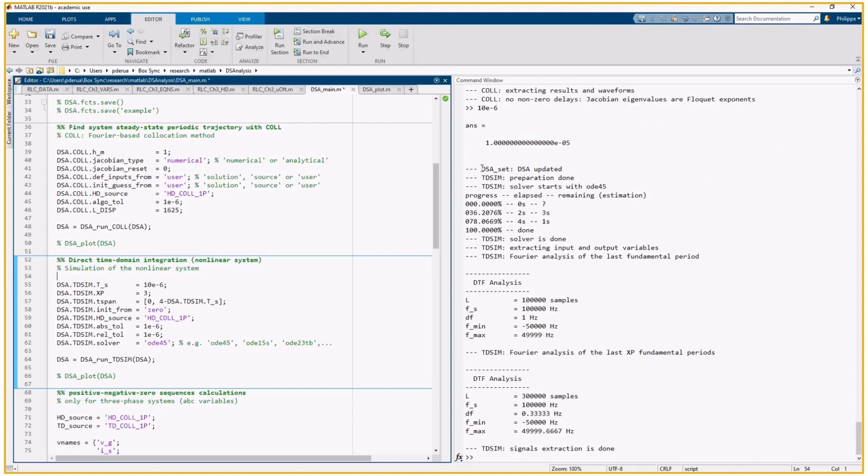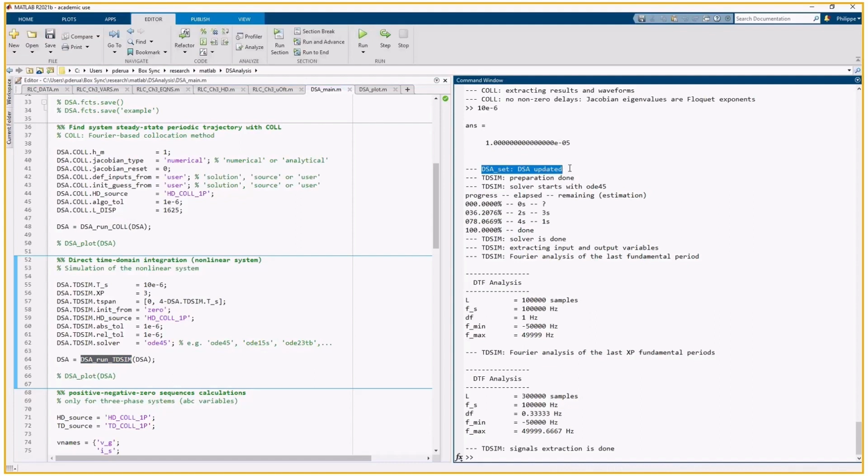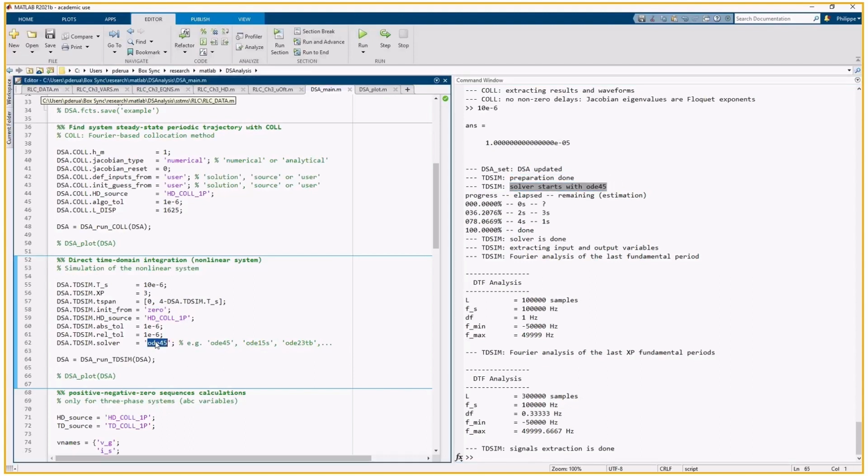As in the beginning of every run of the collocation method or every run of a time domain simulation, the toolbox begins with an update of the DSA structure in case any numerical values from the data file have been modified. There is some preparation done, and then the solver has started with ODE45, which is indeed what we had requested here.